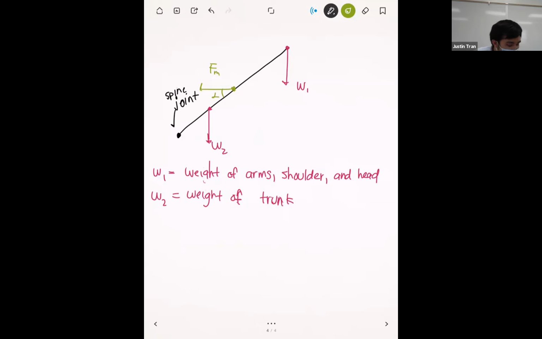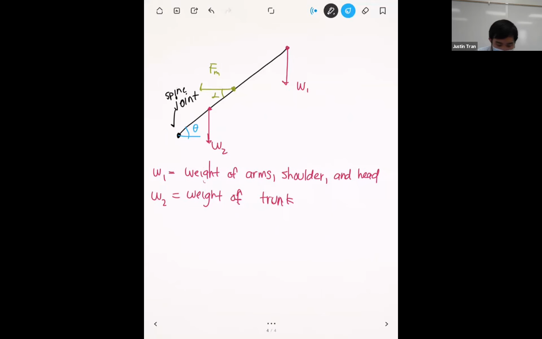We'll assume that it acts with an attachment angle of alpha, and that angle alpha is measured relative to the spine. So that's a pretty classical definition for a muscle attachment angle. And then our main variable of variation here is going to be this angle theta right here.